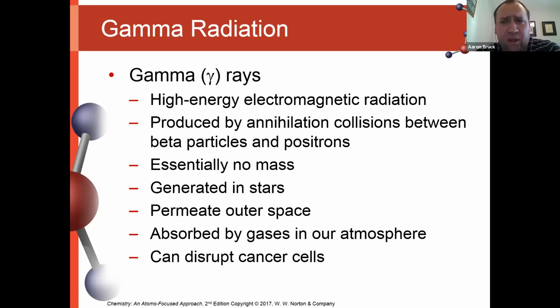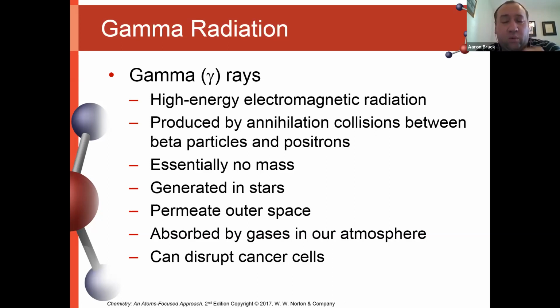To that end, let's finish up here and talk about gamma radiation. Now, gamma radiation is a type of radiation that does not emit particles. So, in all of the other ones that we looked at, the alpha decay, the beta decay, the positron emission, the electron capture, a particle was always involved in some kind of way.